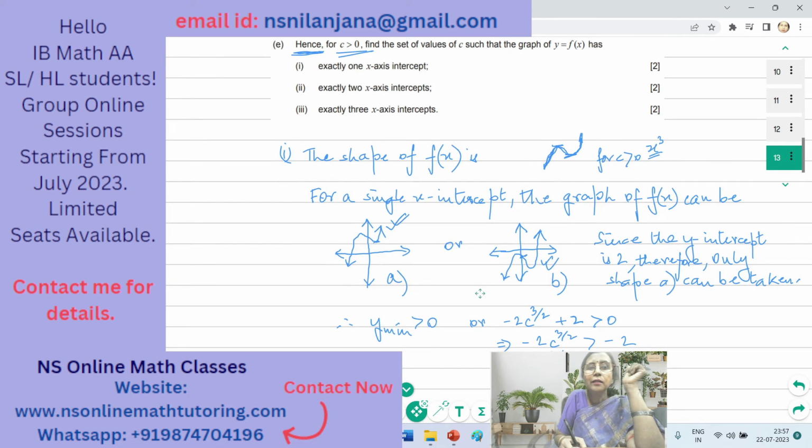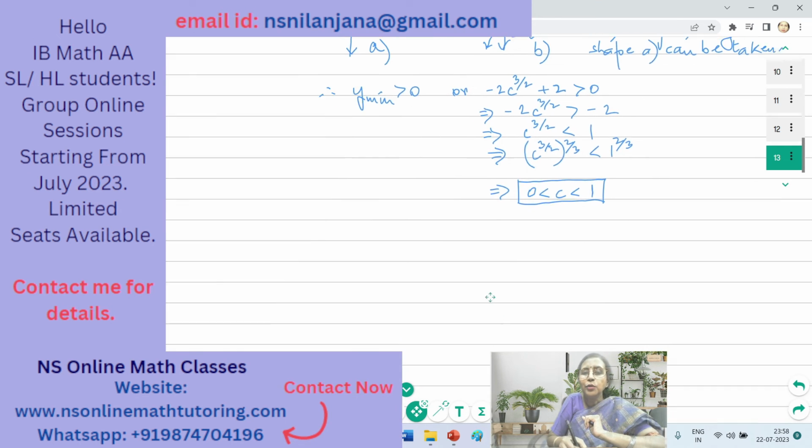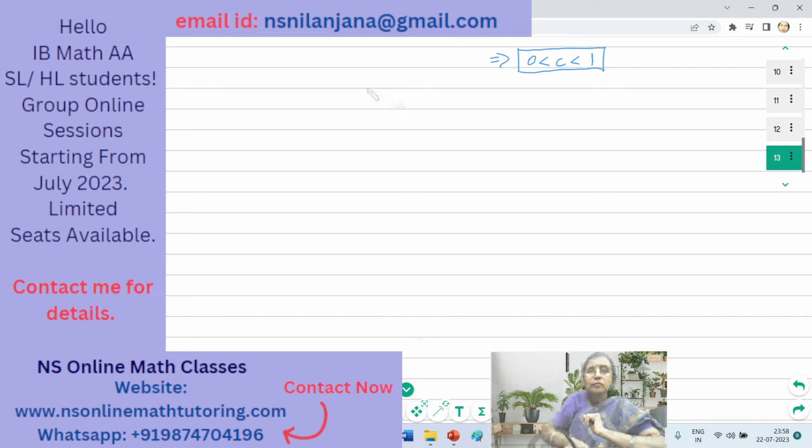So we have done the subpart I, we have got 2 marks. Next asks for exactly two x-intercepts. Exactly two x-intercepts means we can have this type of a thing as well. Let me show you. Exactly two x-intercepts. So we can have this type of a graph.